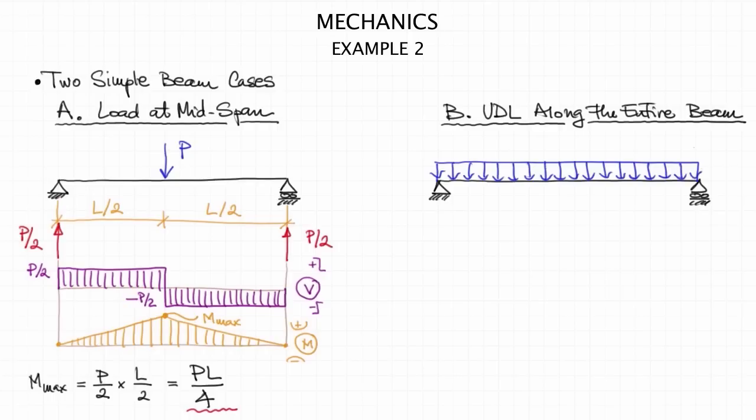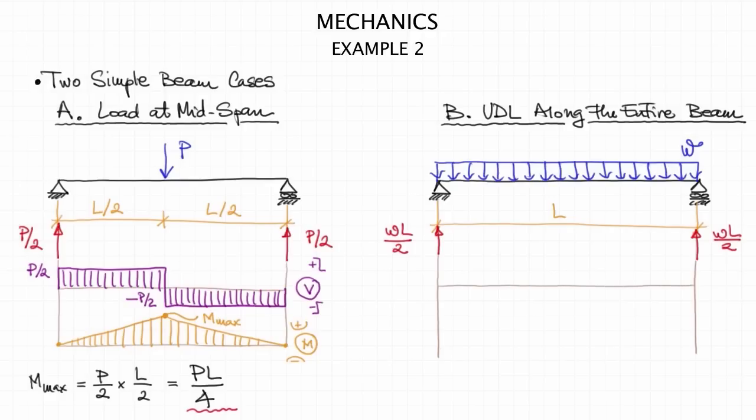It will have a constant load intensity of, say, W. The span of the beam is L, and we will follow the same procedure to determine the shear force and the bending moment diagram. Again, the reaction forces are straightforward to calculate because of symmetry of both the geometry and the loading. So both vertical reaction forces will be equal to WL over 2.